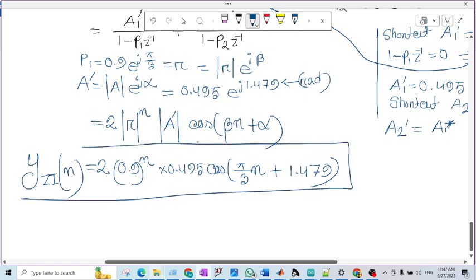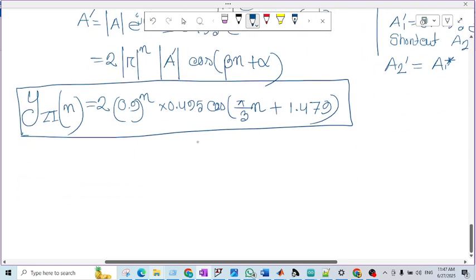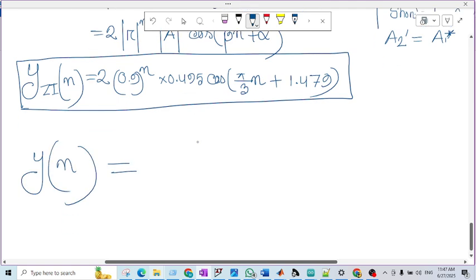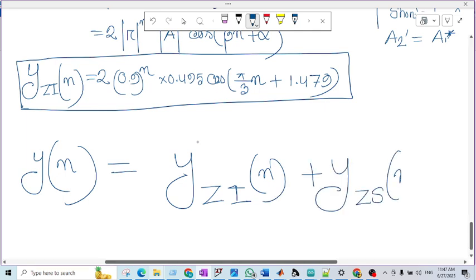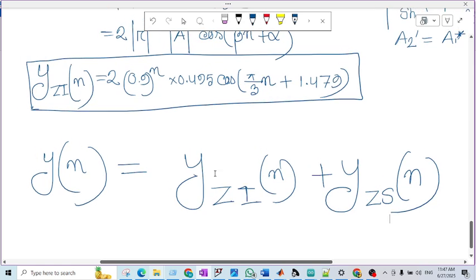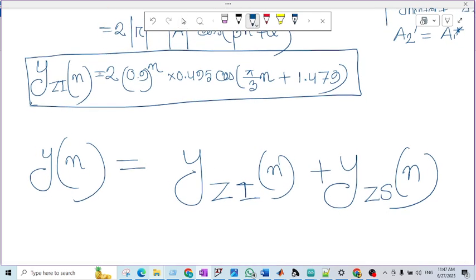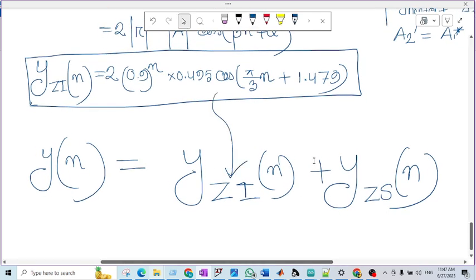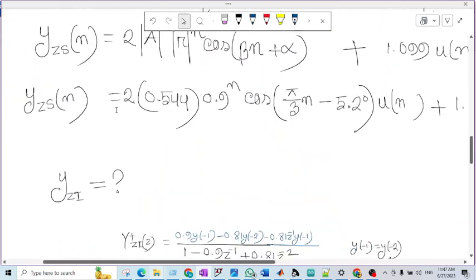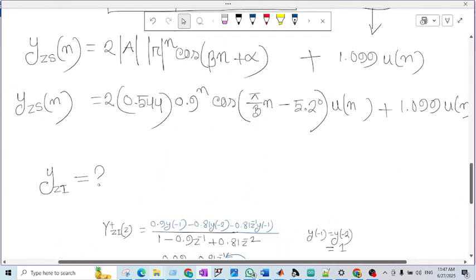Now I have to find the total response y[n]. So I have to simply sum the zero input response in n domain and the zero state response in n domain. So my zero input response is this, and my zero state response I have found. So this is my zero state response.